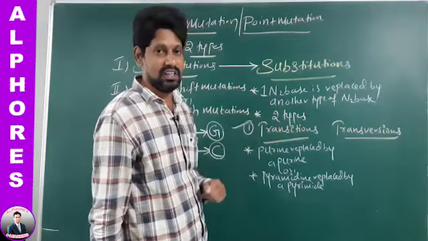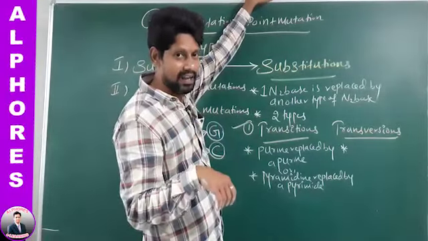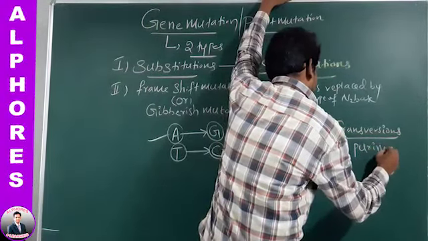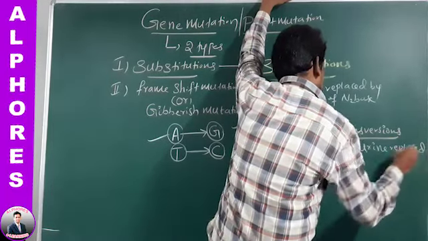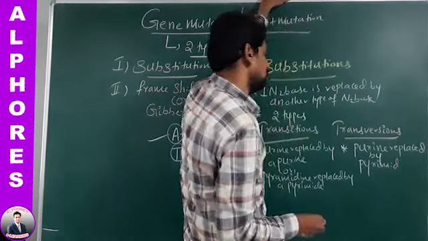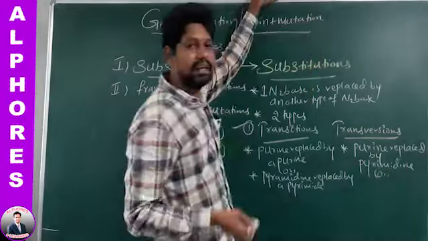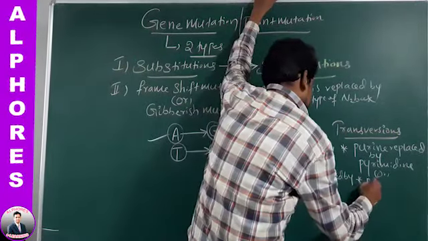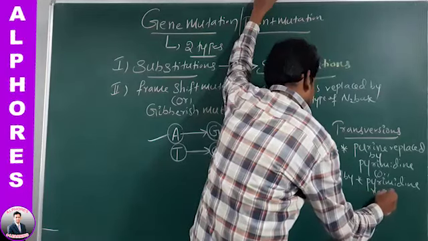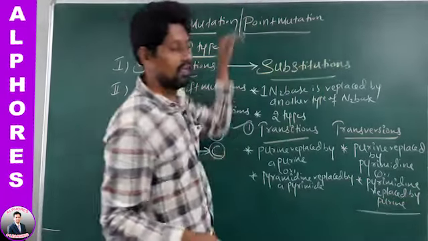Now go for transversions. In transversions, a purine is replaced by a pyrimidine, or a pyrimidine is replaced by a purine.